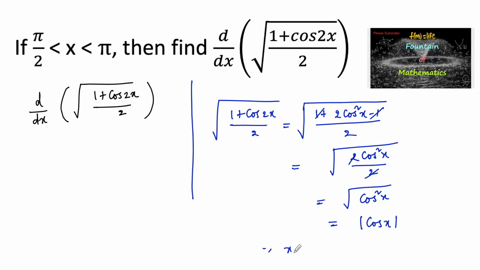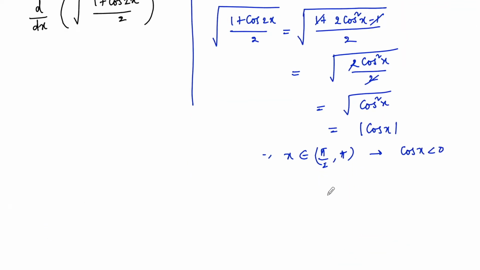And since x belongs to pi by 2 comma pi, that is the second quadrant, cos x is negative in the second quadrant. So we can say mod of cos x is equal to minus cos x. Therefore, root over 1 plus cos 2x upon 2 is equal to negative of cos x.